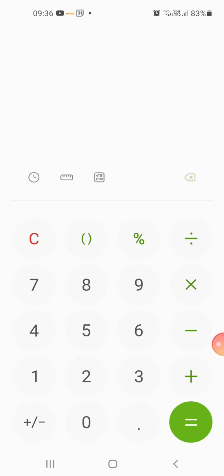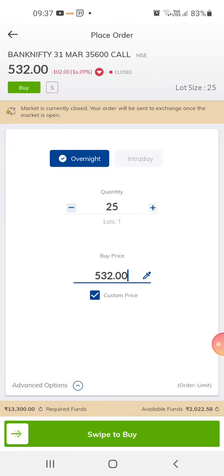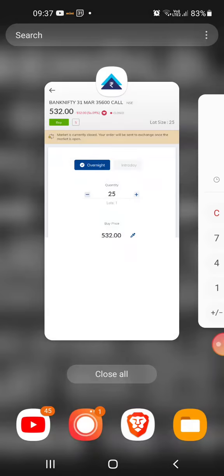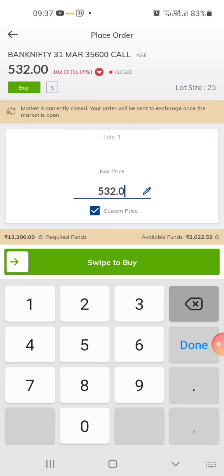So say for example this is 532, and it has decayed by say 40%. So 40% is 0.6, so you can say 319. You can target this amount. So 319, if you put 319 into 25.